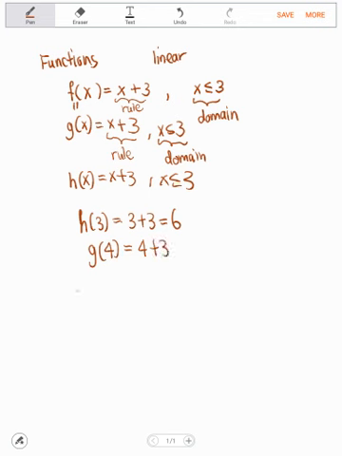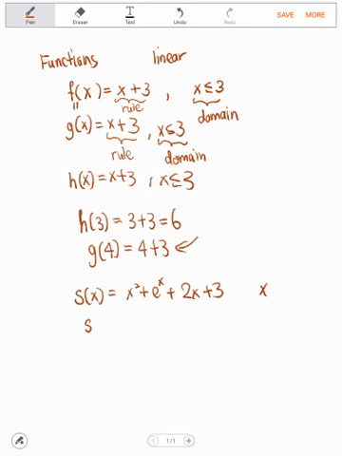Now if I define another function g(x) equals x squared plus e^x plus 2x plus 3, I made a mistake here.